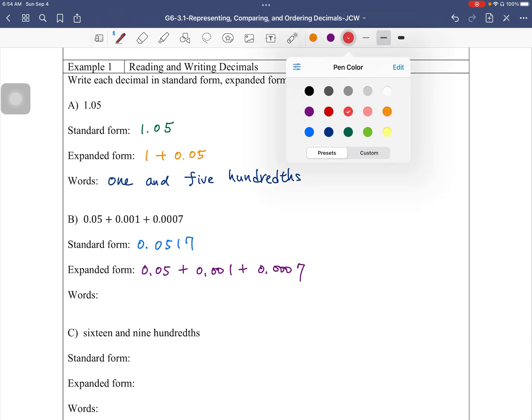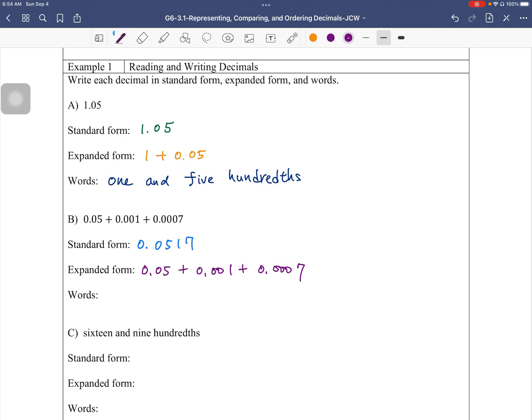As in a word form, it's 517 ten-thousandths.